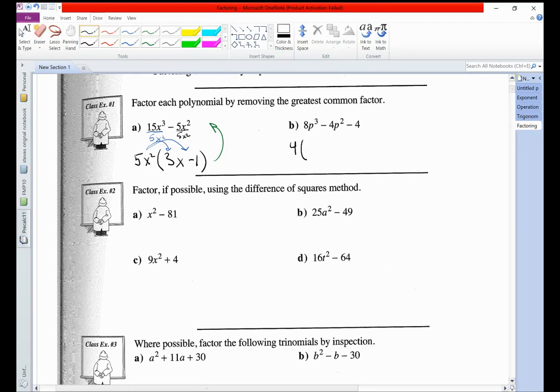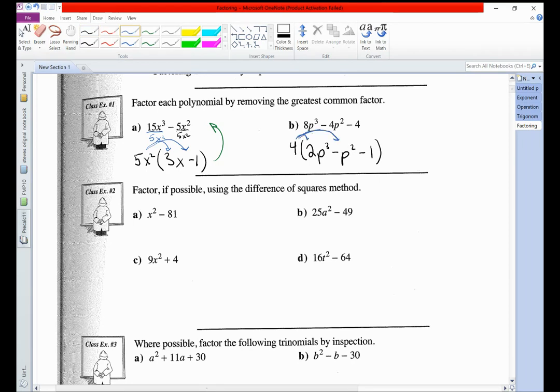So what is left in my trinomial? Well, 8 divided by 4 is 2, and I still have p to the power of 3. -4 divided by 4 is -1, so I'll just write it as -p squared, and -4 divided by 4. In this case, I have to write the -1 because there's nothing there. Again, if you're unsure and you want to double check, multiply that back through.